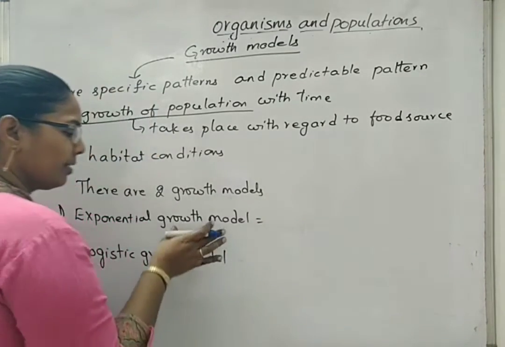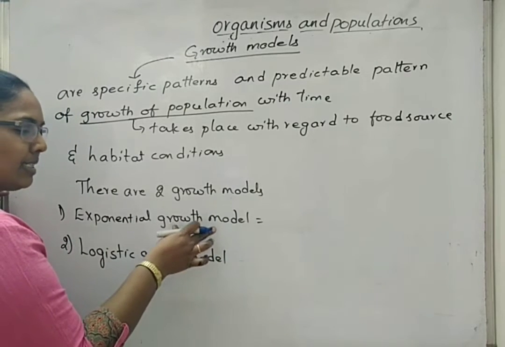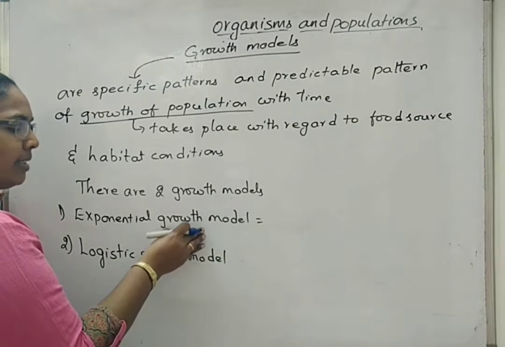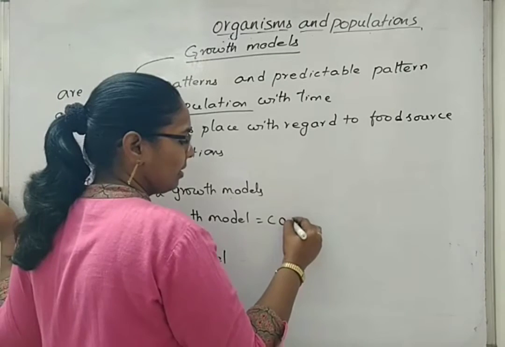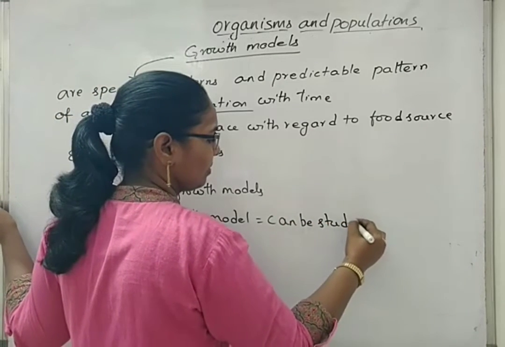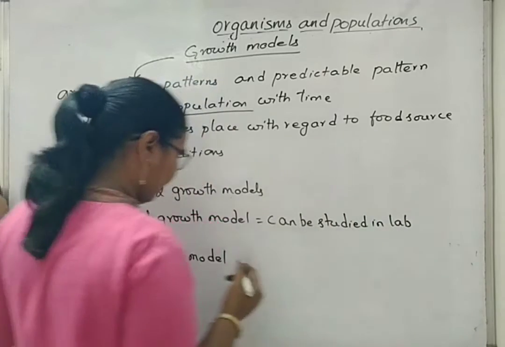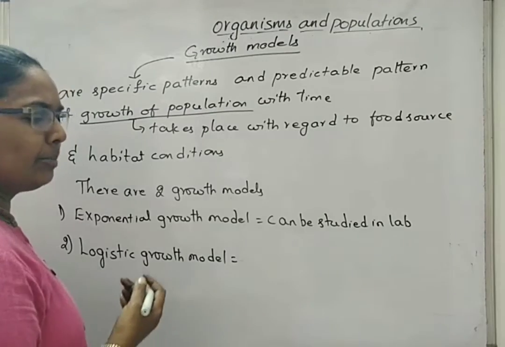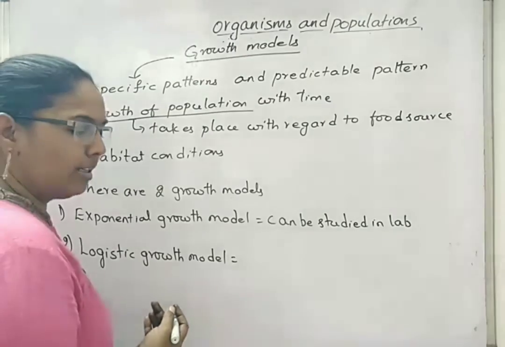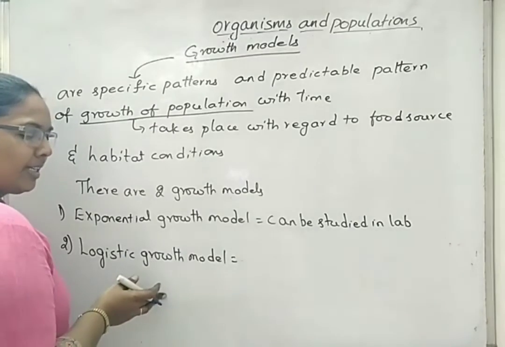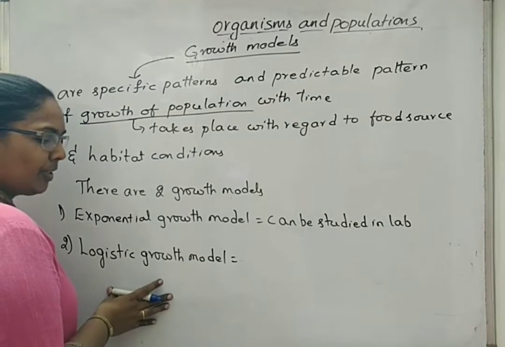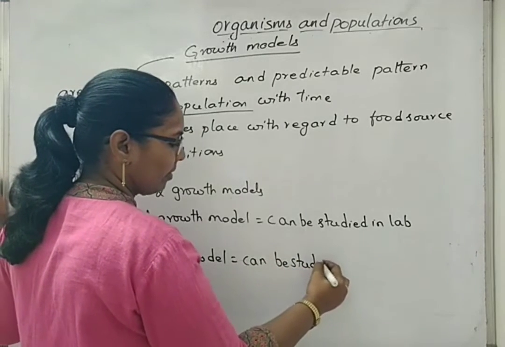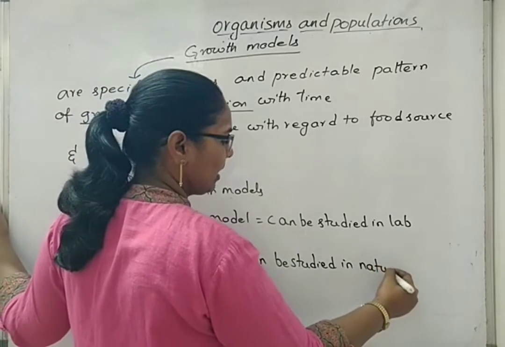Exponential growth model: this pattern can be framed when sufficient continuous food material is provided for a certain population. This means it can be studied in the lab. But in nature there might not be continuous availability of food material. There may be ups and downs regarding the weather conditions or different factors that decide the growth of the population. So that can be studied in nature, outside the lab.